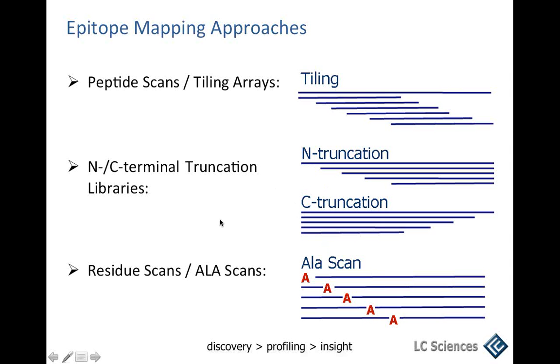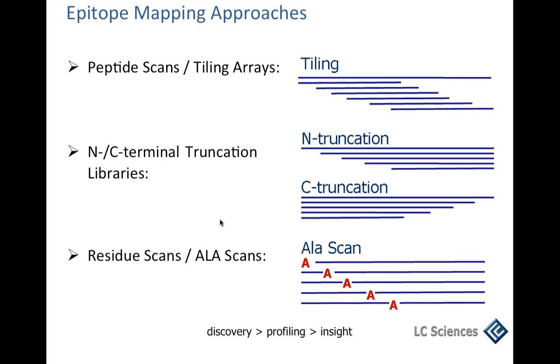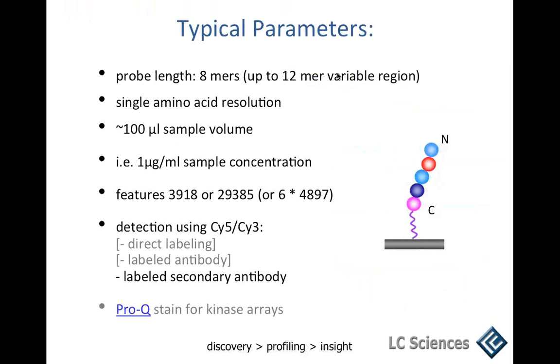Before that, just the typical parameters. By default, we are using 8 mers in terms of probe length, but we can synthesize longer peptides up to 12 mers. The reason why I put variable region on the slide is that we don't want to synthesize more than 12 amino acid residues in a row using photochemistry.